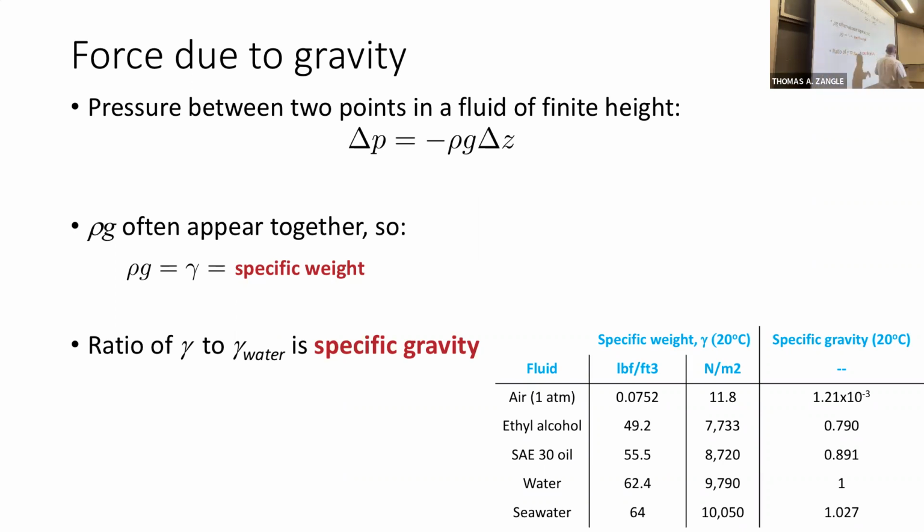Basically, an answer to the question of does it sink or float? If specific gravity is greater than 1, the fluid is more dense than water. If it is less than 1, the fluid is less dense. So oil will float, and seawater is heavier than fresh water.